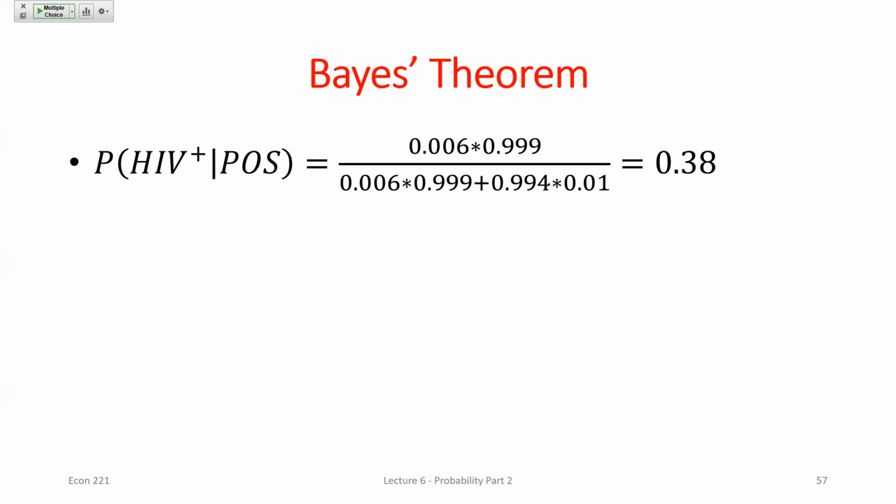So they had a positive test result and they were HIV positive. They're one group of individuals who get a positive test result. The other group is people who don't have the disease, 99.4% of people.